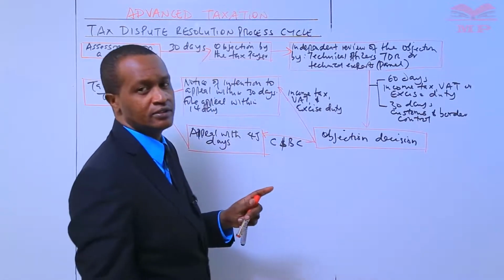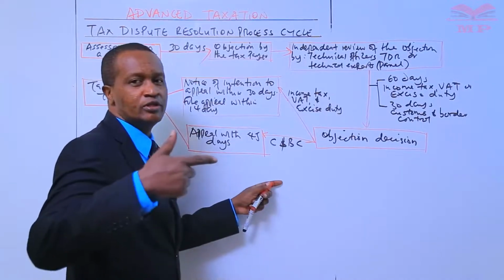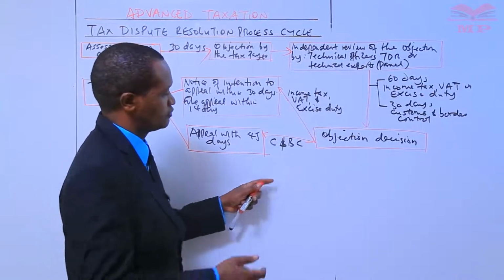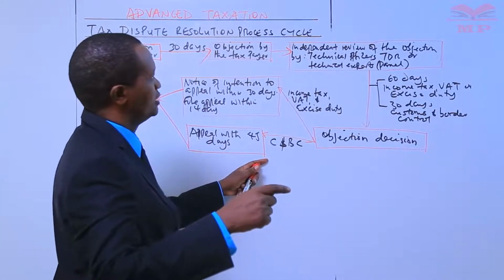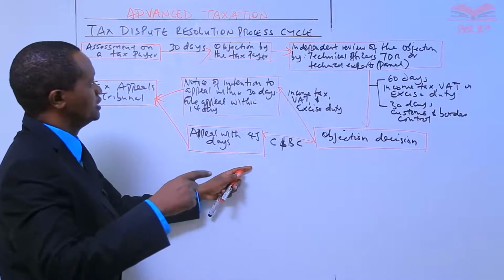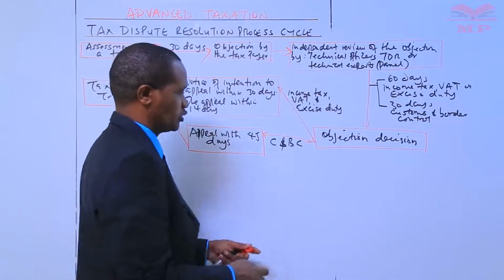Alternatively, the taxpayer may take the mediation process route, the alternative dispute resolution.